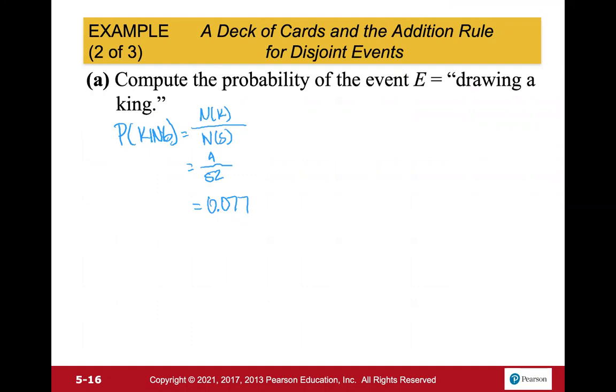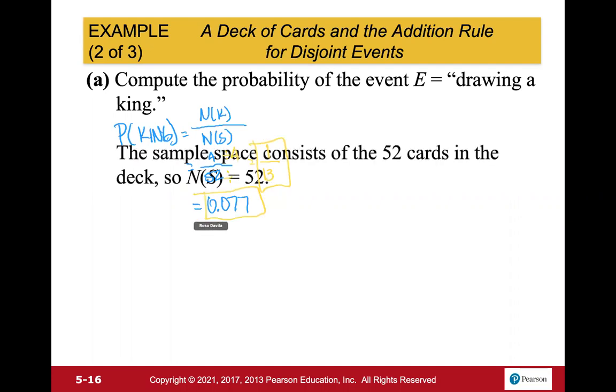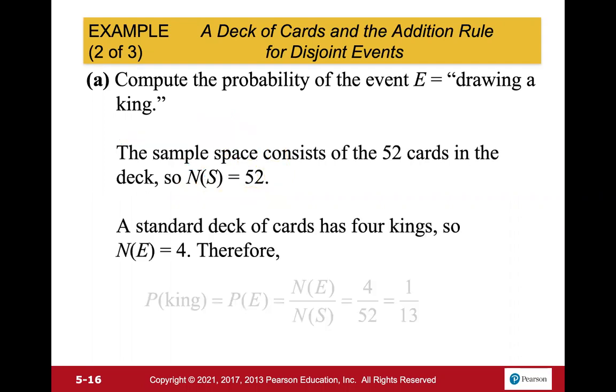One other way that we might see it is by simplifying this fraction. We know that both top and bottom are divisible by 4. And that would give us 1 out of 52 divided by 4, which is 13. So it would give us 1 out of 13, or 0.077. Or we could be a little nitpicky and say about 0.077.